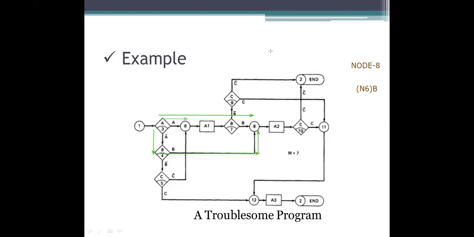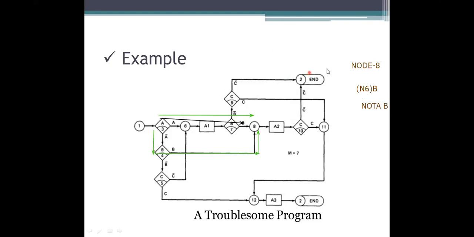After node 6, I am reaching this point, which is pointing to the B here. So node 6 and then next B. That is the first one. And coming to the next one, here I am using not A along with B.